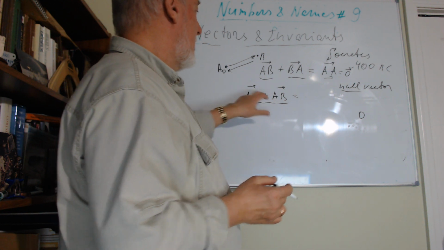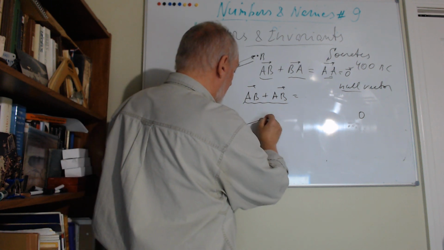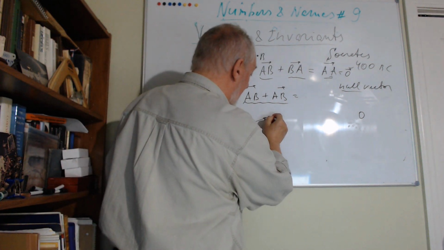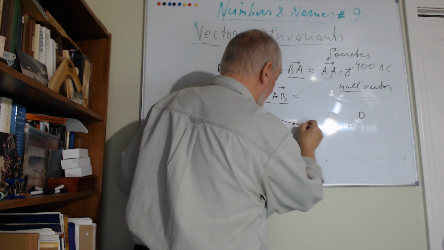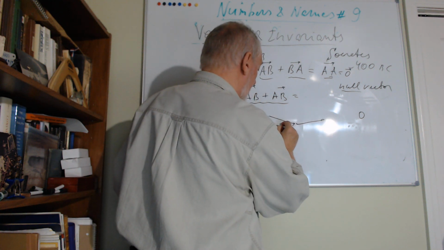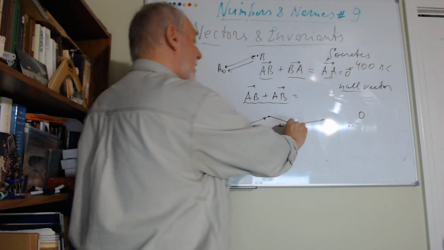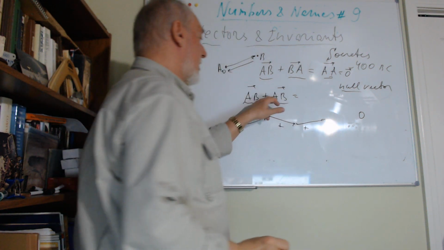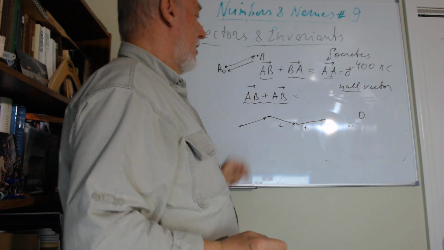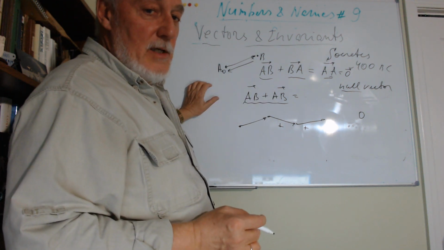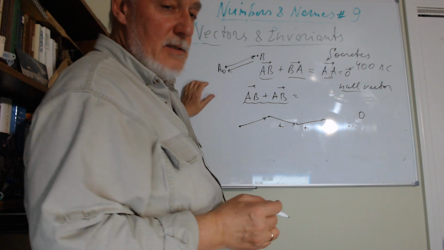Addition usually means that you have a vector, and then you start from its end with the next one, and then the next, and the next. You start from the next point each time. Here it starts from the same point. It's not totally correct to write it like this.